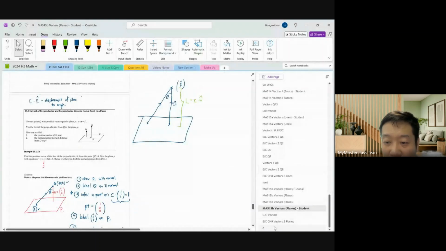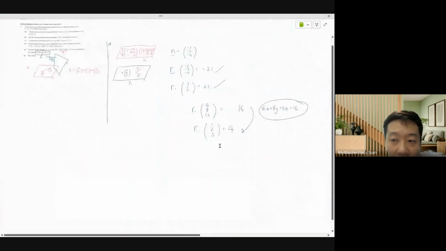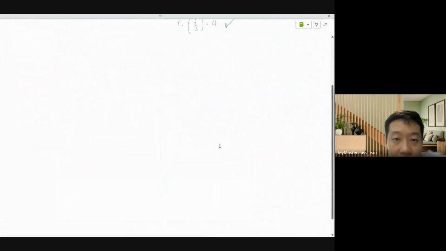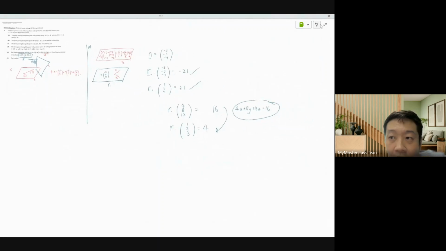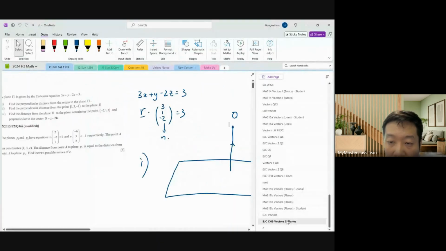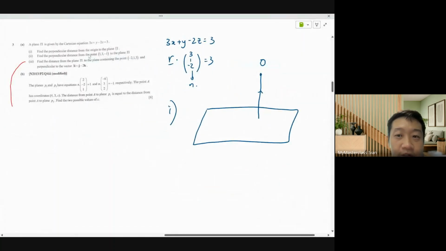So if you look at question 3, or the perpendicular distance from the origin to the plane.